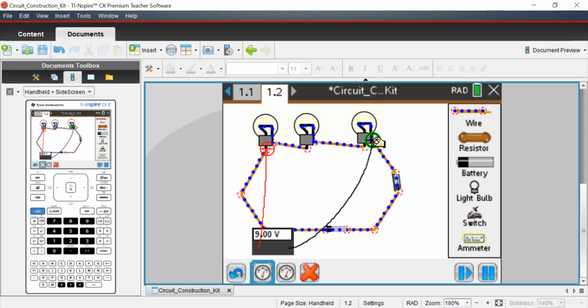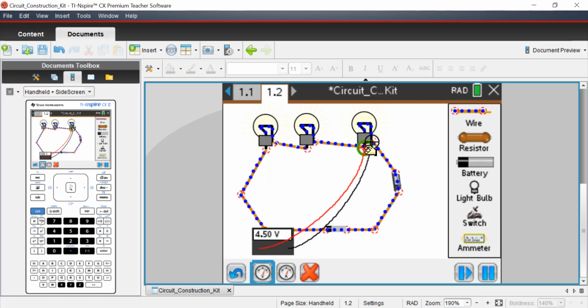So let's see, what would you expect to happen though if I moved this over here? What number would you expect to see if I'm looking at the voltage across one resistor, but it's a 20 ohm resistor? Would you expect to see 9 volts, 4.5 volts, or 2.25 volts?